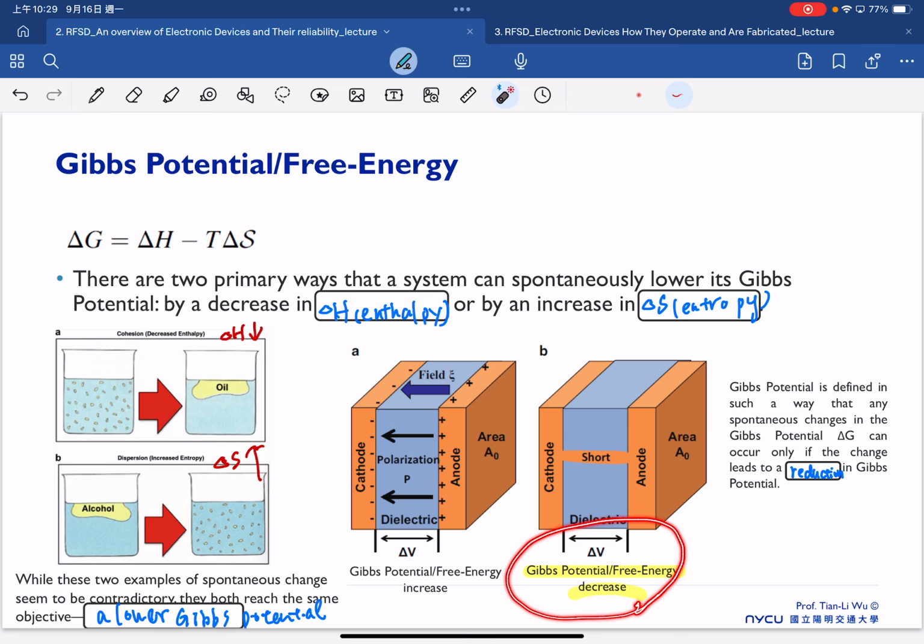So if we don't consider all of the knowledge from semiconductors and just purely consider this Gibbs potential, it also tells us that the whole system will prefer to move from the reliable state to the failure state, trying to reach the minimum of the Gibbs energy.